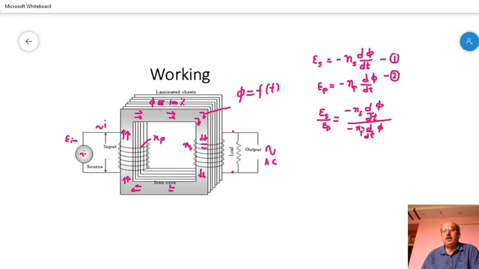So these two will cancel each other. So what will we get? We will get Es by Ep is equal to Ns by Np. So the ratio of EMF between the secondary coil and the primary coil is equal to Ns by Np, that is the ratio of turns of the secondary coil to the primary coil.